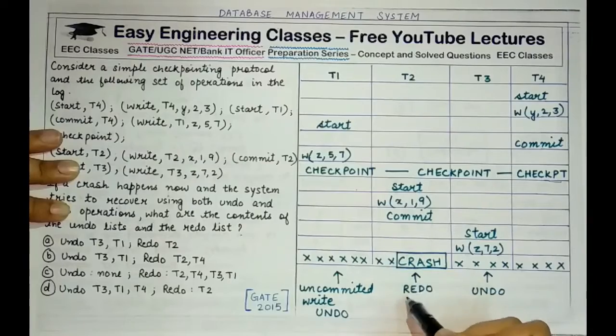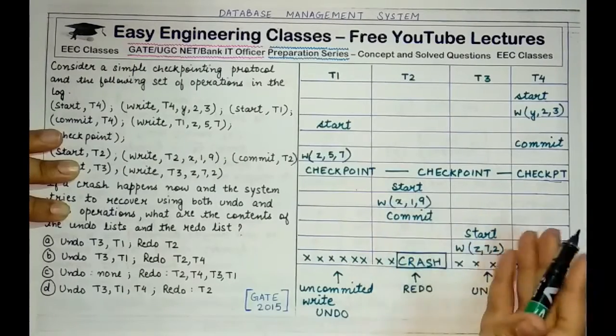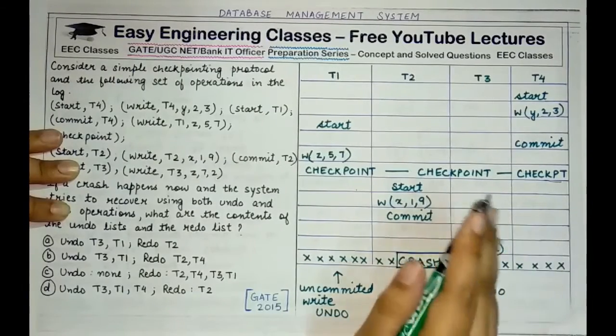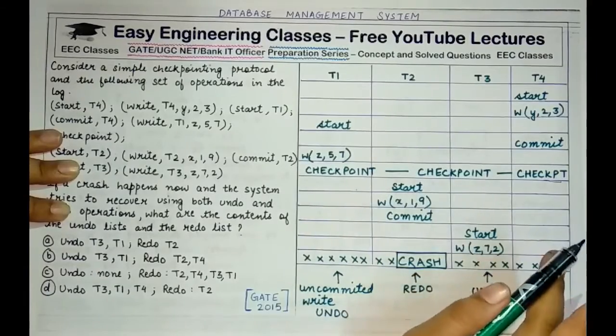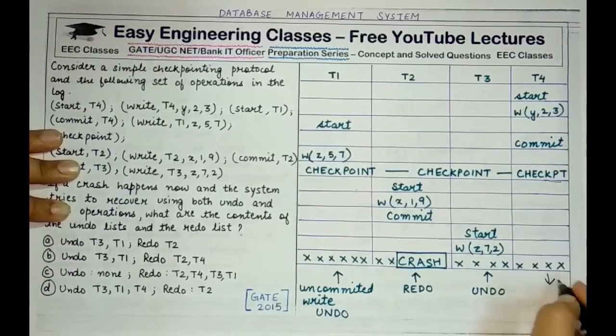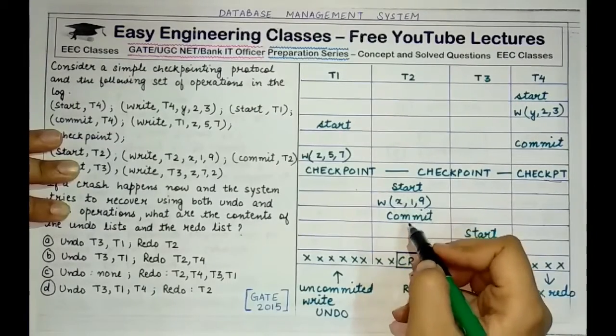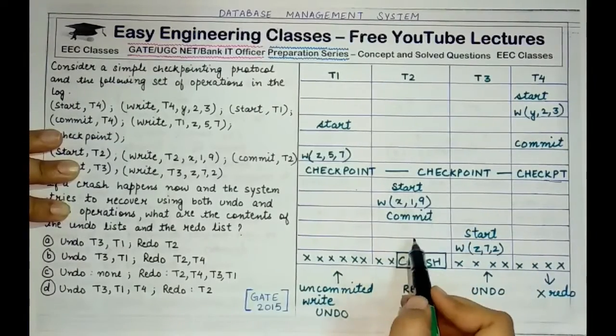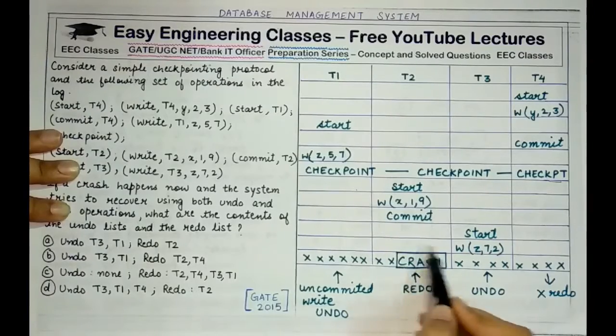So here we need to redo it. Operations performed and committed before the checkpoint need not be put in the redo list, but operations performed and committed after the checkpoint and before the crash will be put in the redo list.